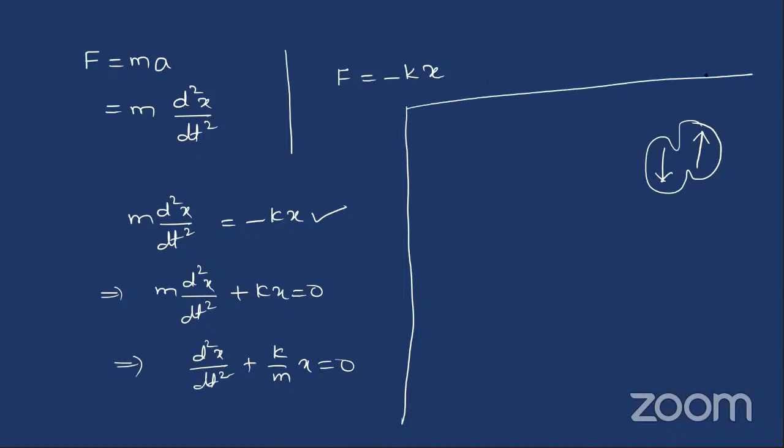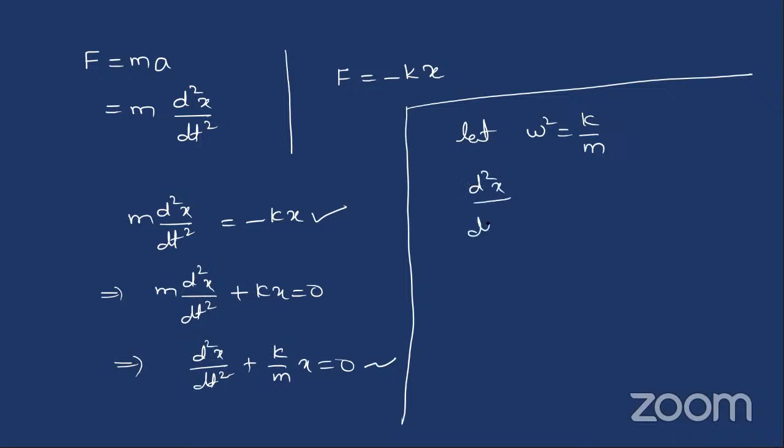For our convenience, I replace this k by m with omega square. Therefore, you can write this equation as d square x by dt square plus omega square x equals 0.